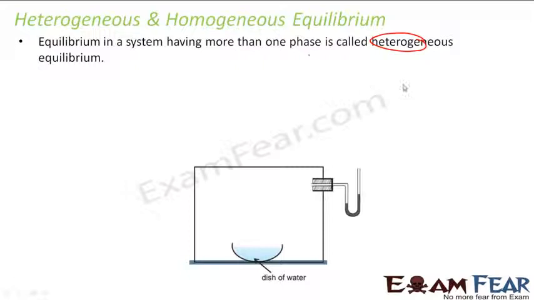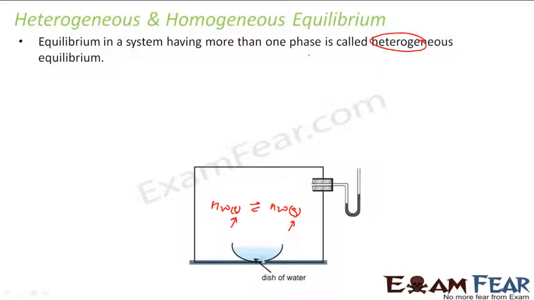For example, in this case I have water vapor, right? So if you have water in the liquid, it is in equilibrium with water vapor in the gas. So there are two phases here, the liquid phase and the gas phase.